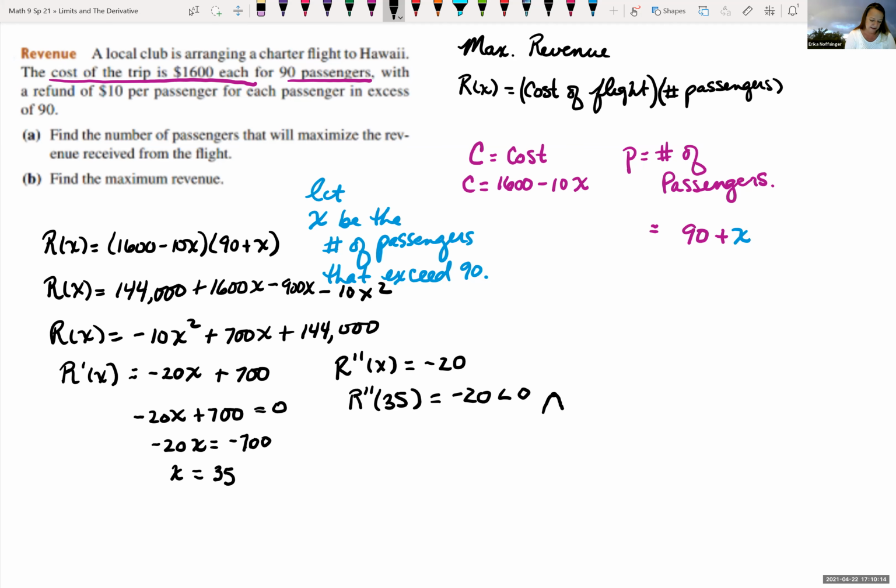This is not, though, the number of passengers, right? They wanted us to find the number of passengers. We let X be the number of passengers that exceeded 90.